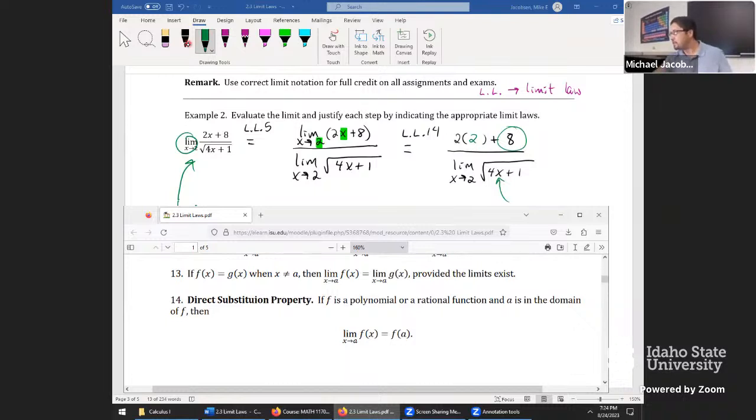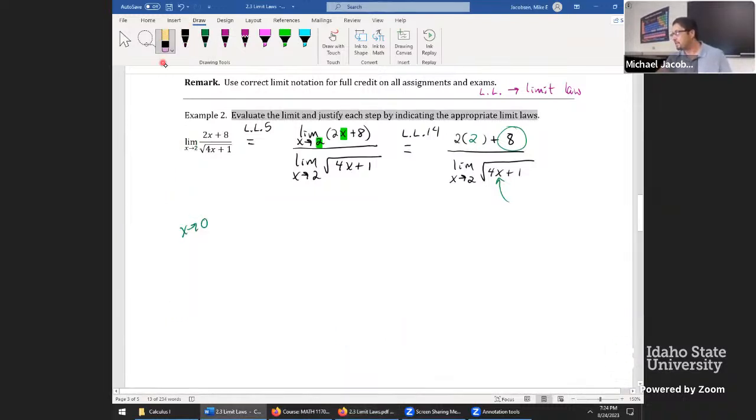Okay, well, let's see where we are on this one so far. So our numerator, it's just going to work out to a glorified 12 altogether. But now in the denominator, we need to force the limit inside that square root. But we've done that once already.